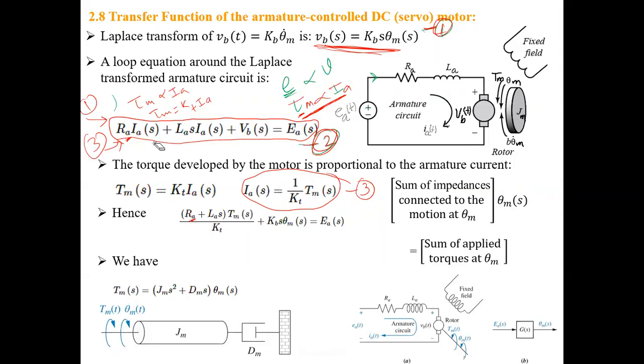Then, you know what? Let me simplify this number 2 a little bit. How about that? Can I simplify like this? RA plus LAS, IA, plus BB equals EAS. Does it make sense?